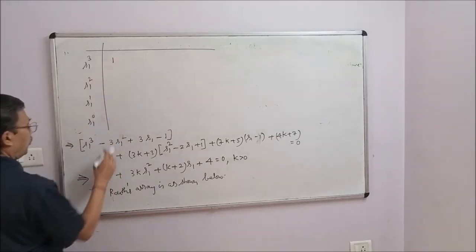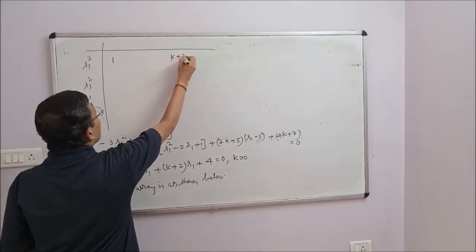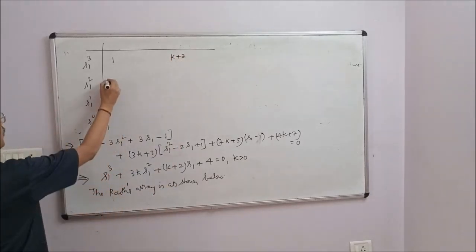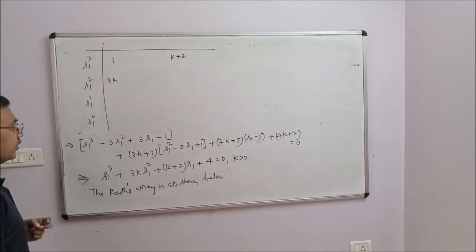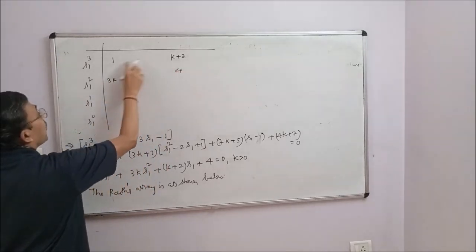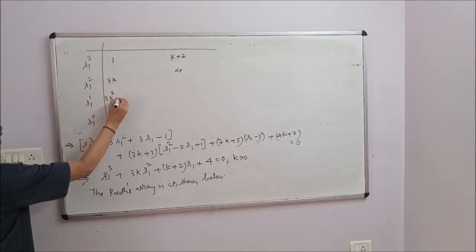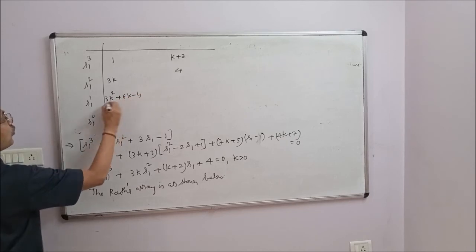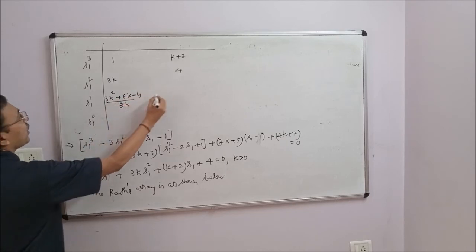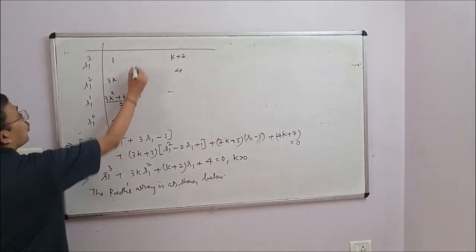Coefficient of s1 cube is 1. Coefficient of s1 is k plus 2. Coefficient of s1 square is 3k and this is 4. So this into this minus this into this. What you get is 3k square plus 6k minus 4 divided by 3k. This into this minus this into this by this means 4.